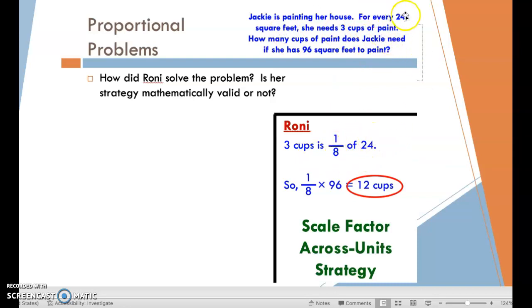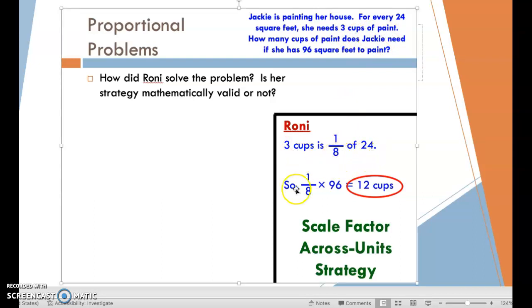Every 24 square feet needs 3 cups of paint. So mental math, 3 goes into 24 8 times. So 1/8 of 96, the total square feet she wants to paint, equals 12. This is scale factor across unit strategies, and this is correct.